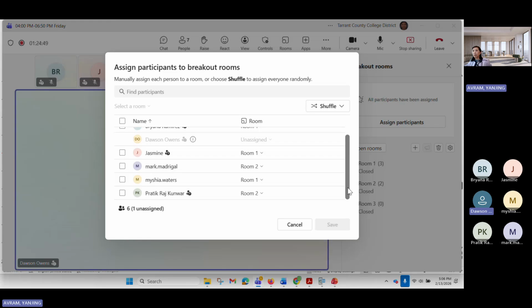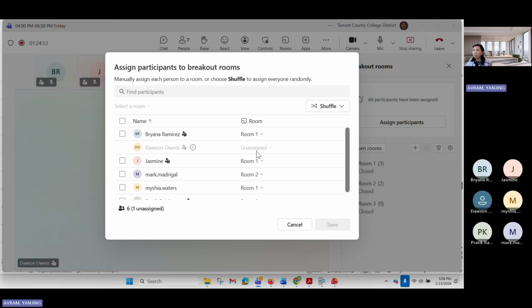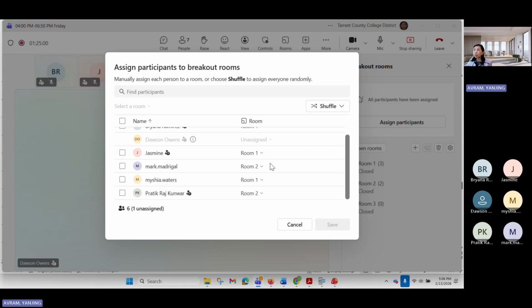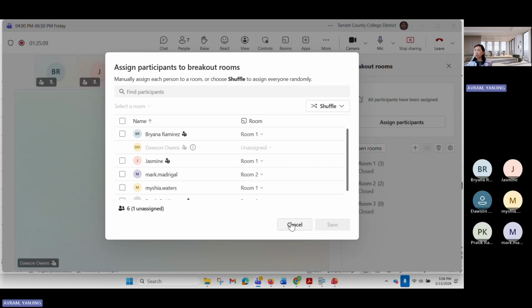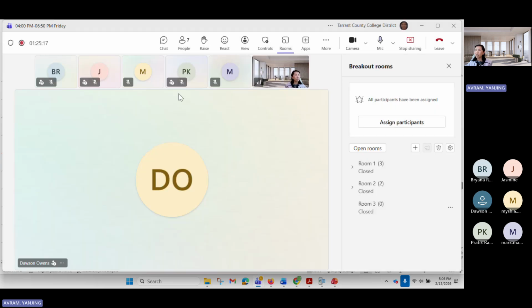I wonder why it says I can't access breakout rooms. For some reason, you said you're unassigned in here. Do you sign into the Canvas account? If you only just click the link, that's probably why. If you just disconnect and then go to Canvas, I sent an announcement in here. Let me show you where to join.